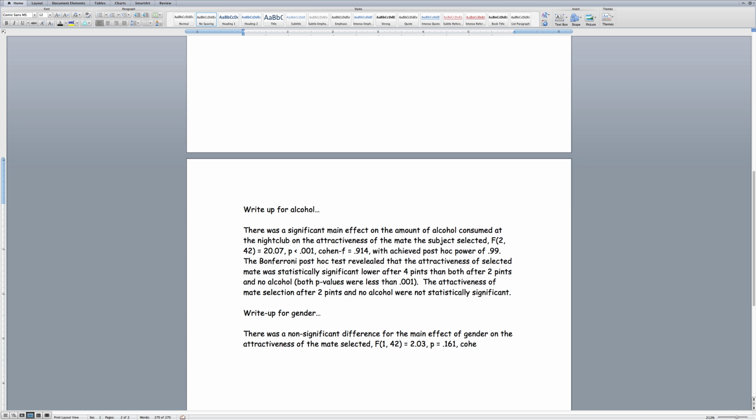My Cohen's f was equal to 0.206. Achieved post hoc power of 0.28. It's good to write this stuff down.